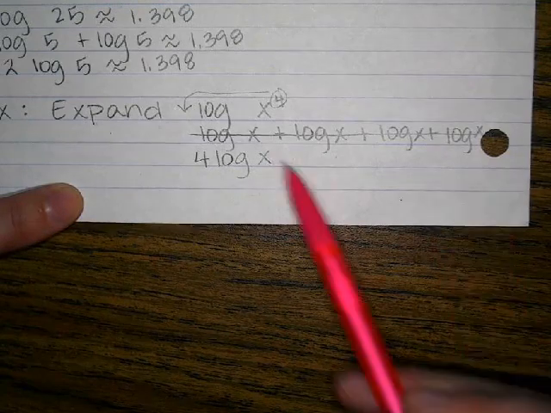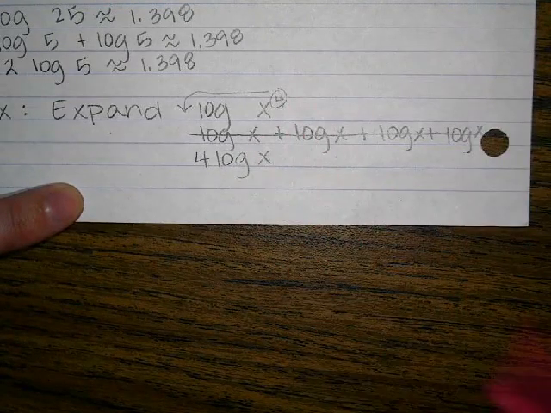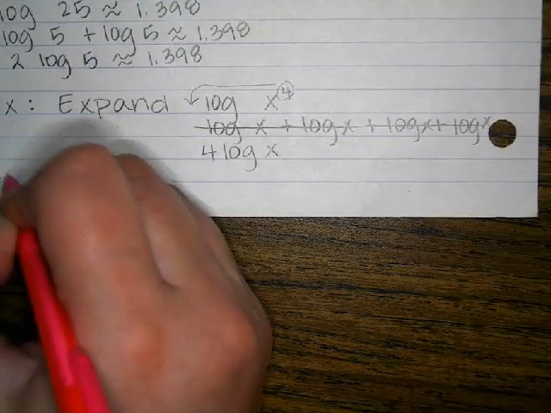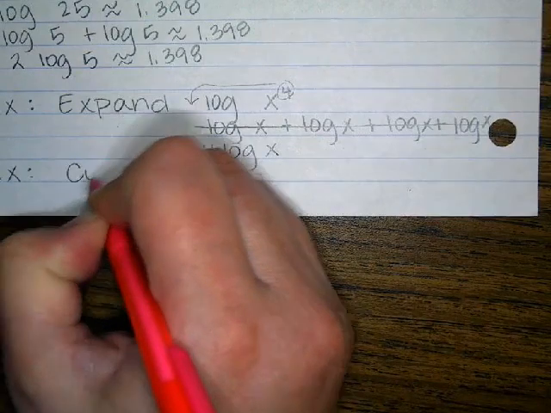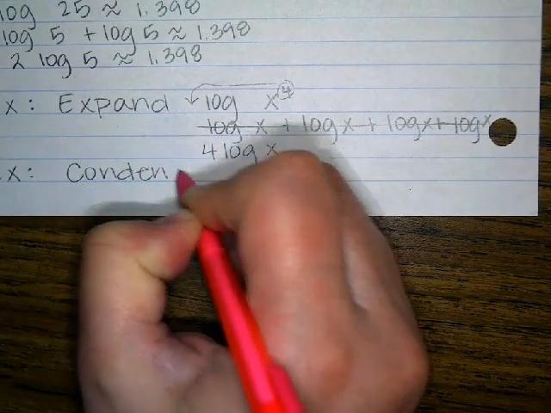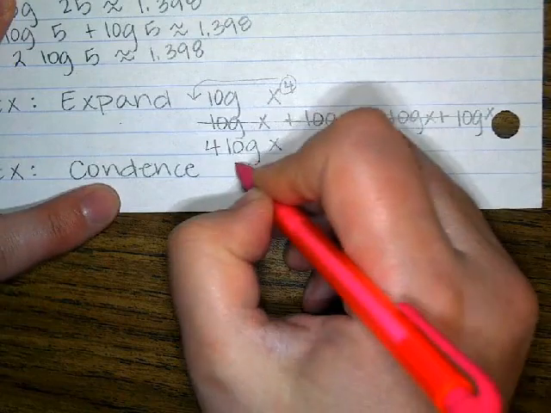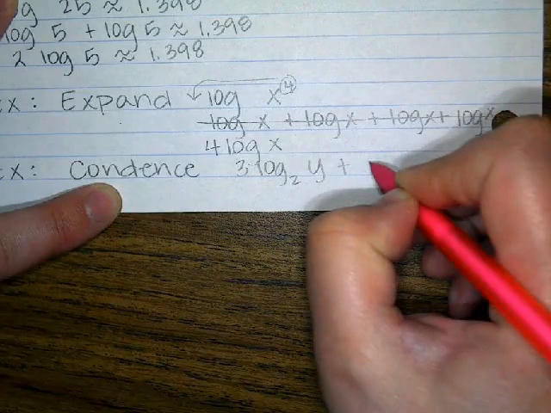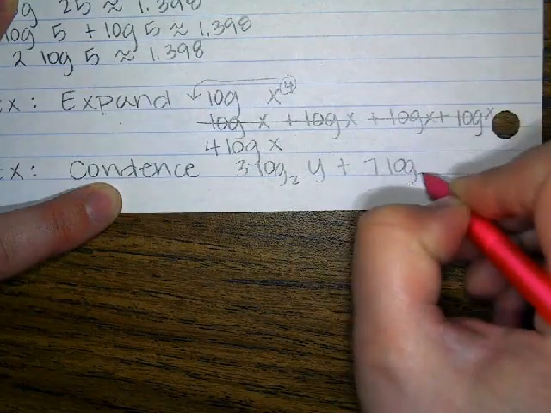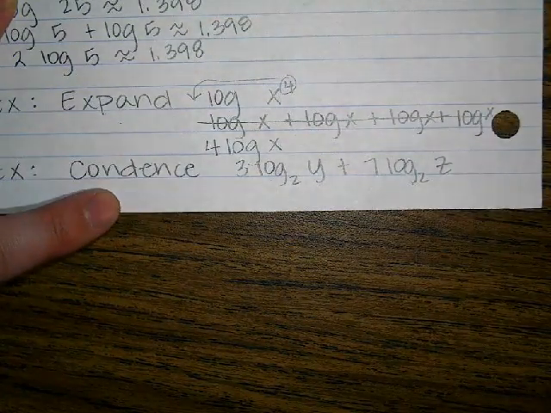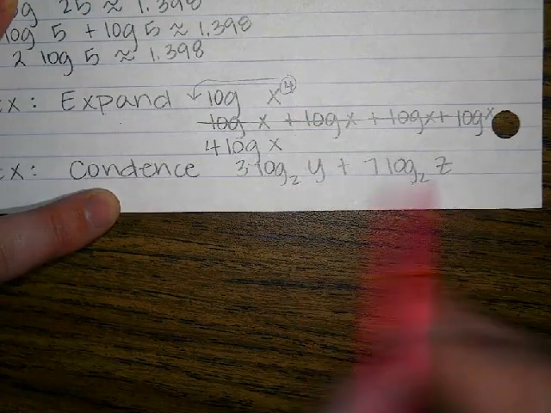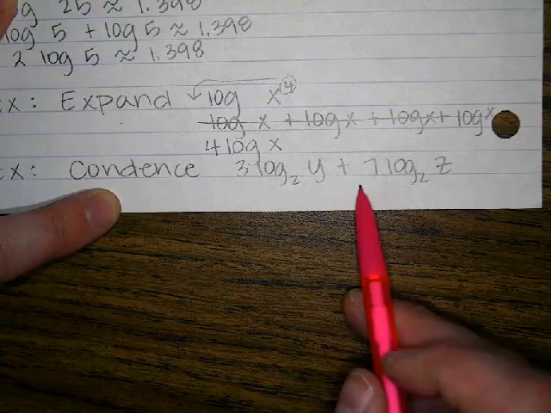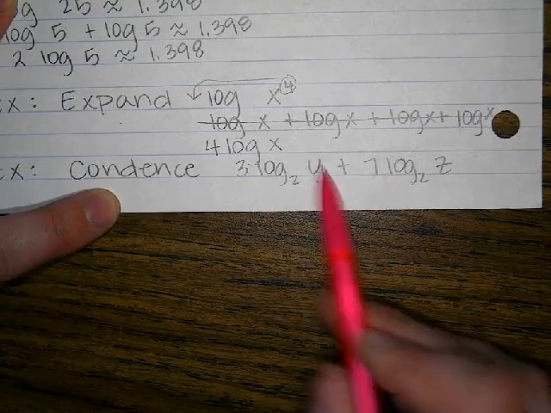Okay, now let's try one of the condensing problems. If we were to condense 3 log base 2 of y plus 7 log base 2 of z, the in-between step would be to say log base 2 of y plus log base 2 of y plus log base 2 of y, and to recognize that there are 3 of them there, and then to understand that if there are 3 of them there, what's happening?